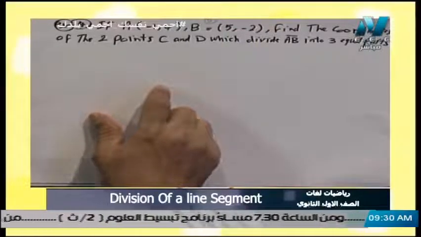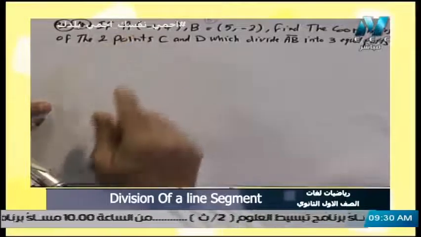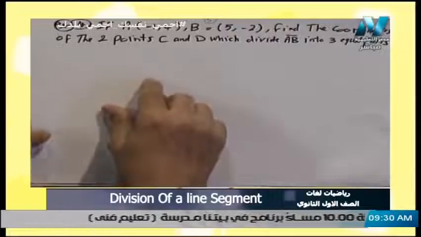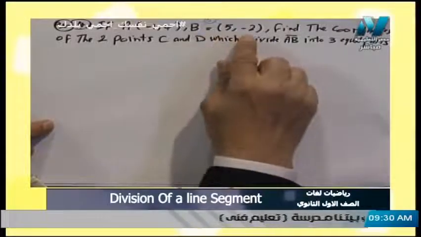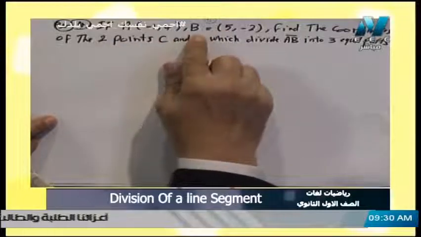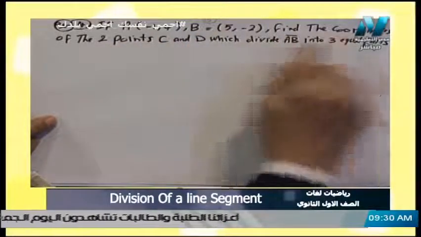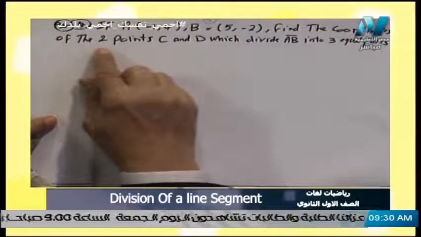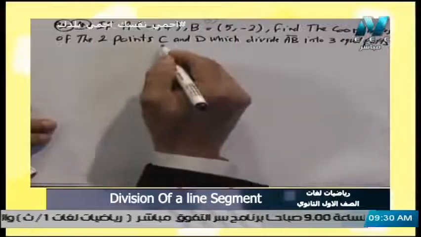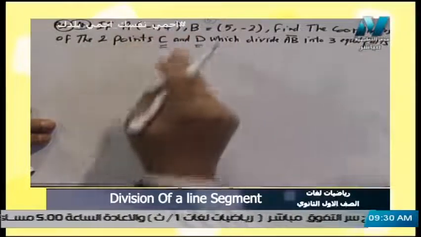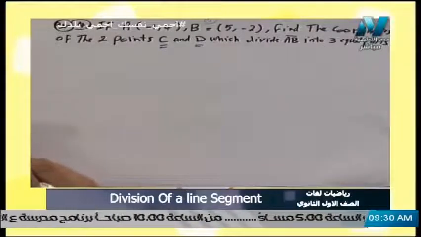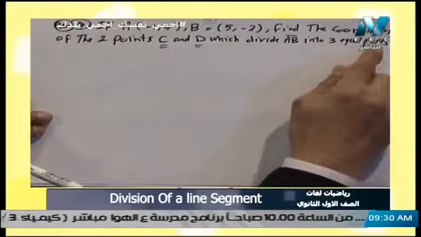It says, if A equals negative 1 and 4, B will be 5 and negative 2. We have 2 points here, A and B. Find the coordinates of the 2 points C and D, which divide the line segment AB into 3 equal parts.